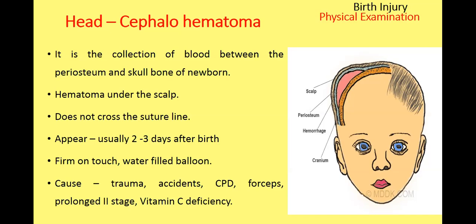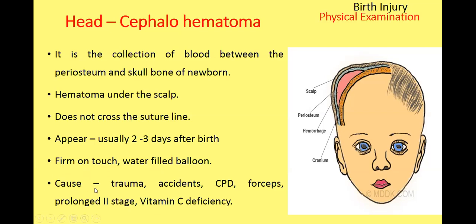It is a collection of blood between the periosteum and skull bone. It is limited to the cranial bone and does not cross the suture line as caput does. It usually appears 2 to 3 days after birth and depends on the volume of hemorrhage. It is firm on touch, like a water-filled balloon or soft ping pong ball.